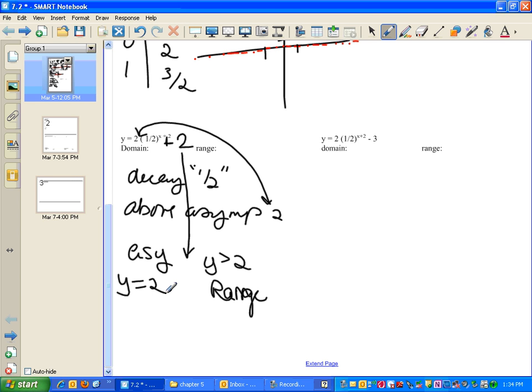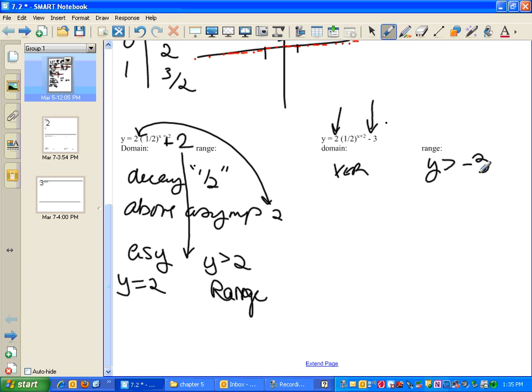Haley, is this making sense? Okay. Here, above or below the asymptote? Above or below? So, Rachel, above or below? Okay. Asymptote at? Yeah. Domain x is an element of the reals, and y is then?